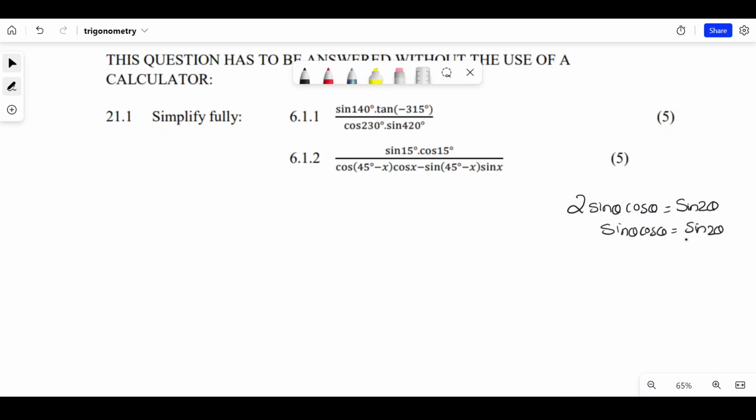It's sine 2 theta divided by 2. That's another important result that goes together with the double angle formula. So you have to remember that. So here sine 15 cos 15 is actually sine of 2 times 15, that is sine 30, divided by 2.